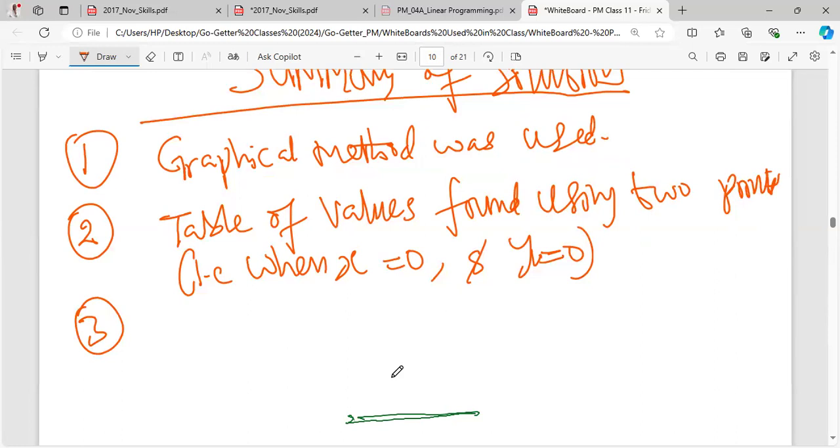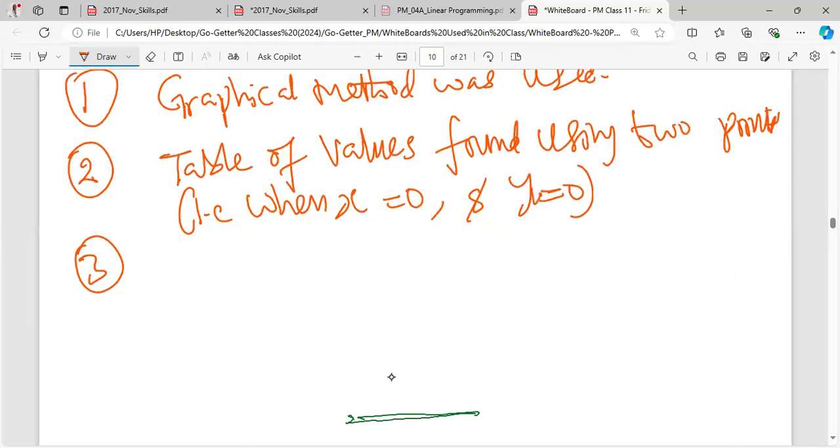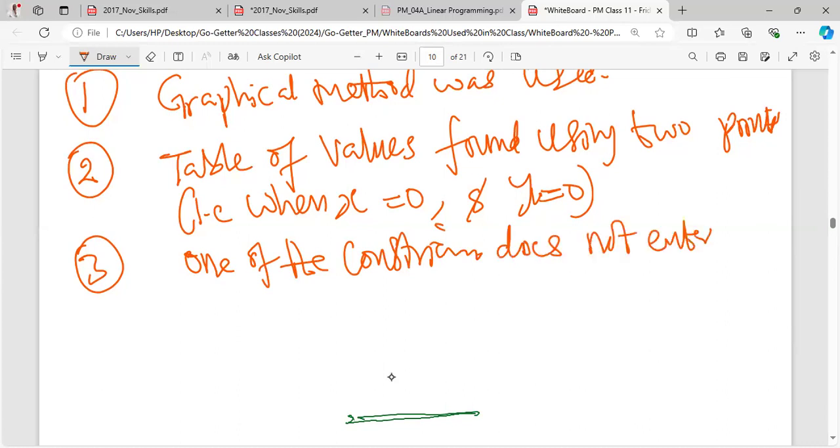3, one of the constraints does not enter into the optimal solution.